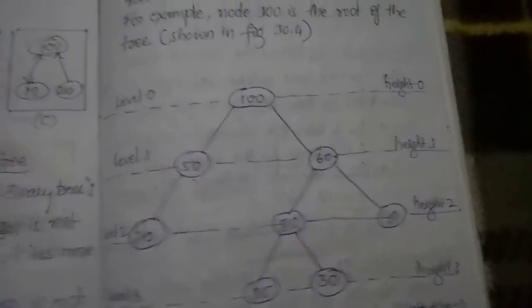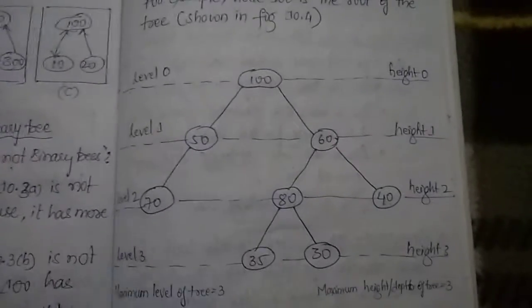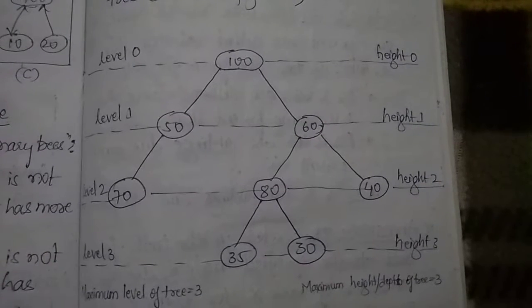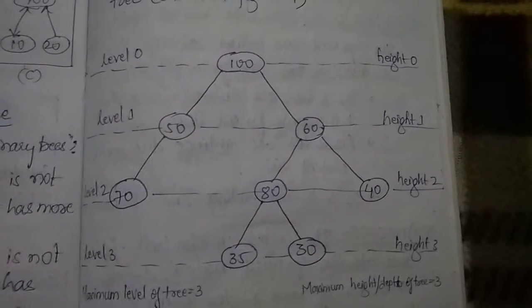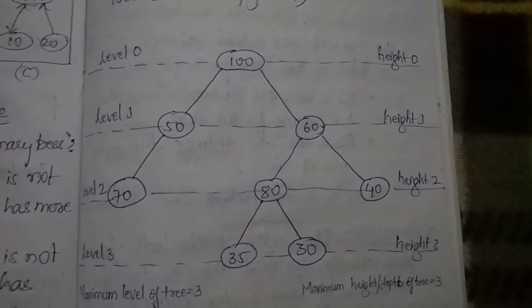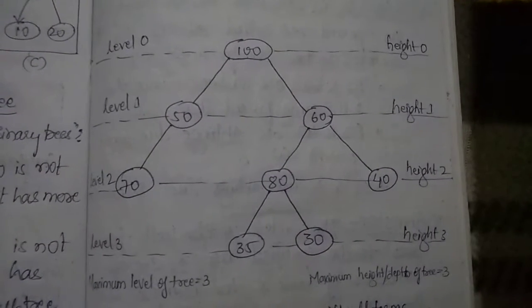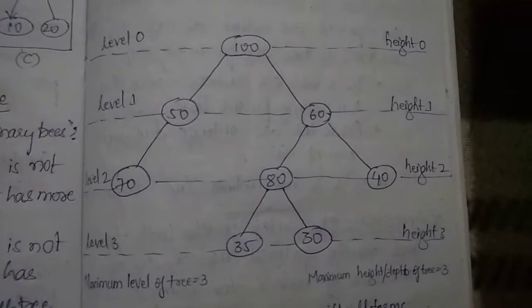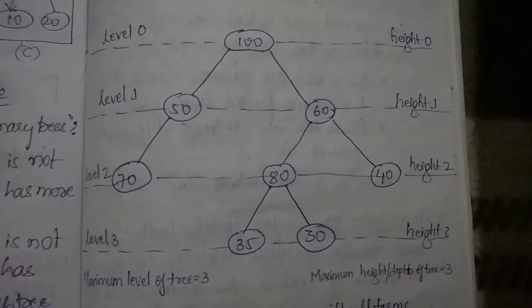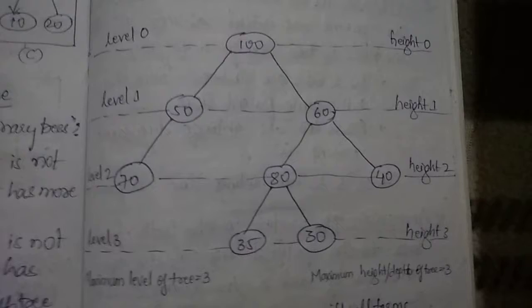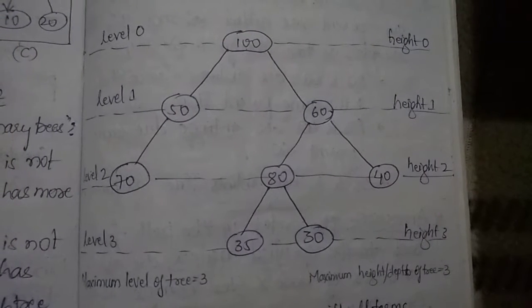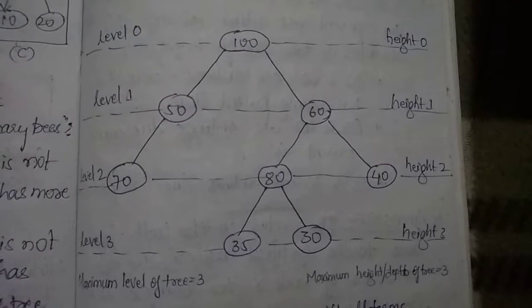Next, left descendants. The next terminology that we need to discuss is left descendants. The nodes that lie in the left subtree of the node X are called left descendants. For example, 50 and 70 are the left descendants of 100. 80, 35, 30, 40 and 60 are the right descendants of the node 100.